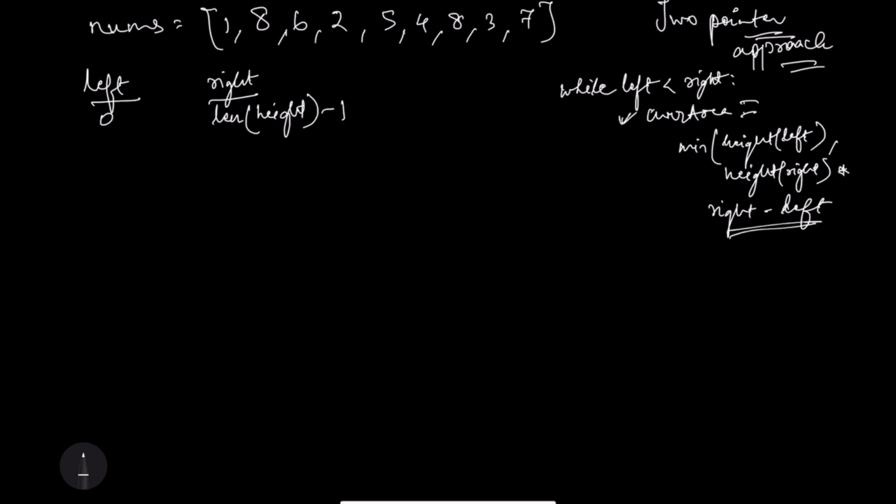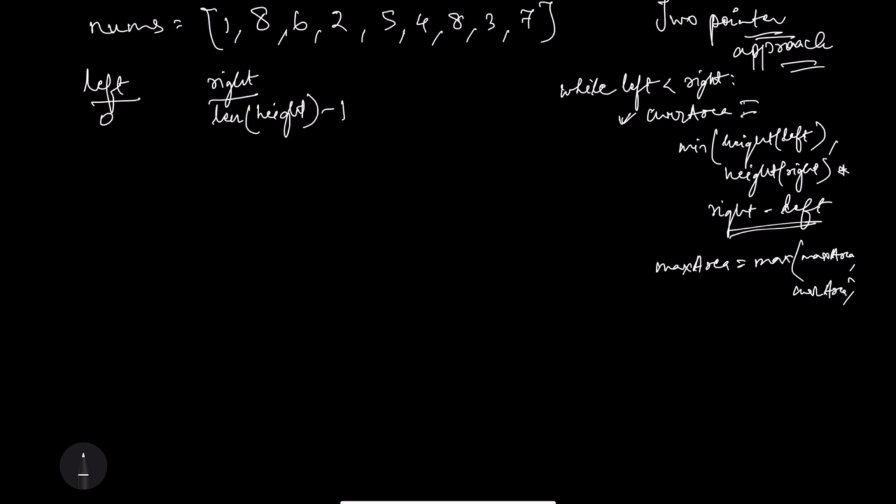So it gives our current area. Now we will have max area, which would initially be 0, and we update it to the maximum of max area and current area.